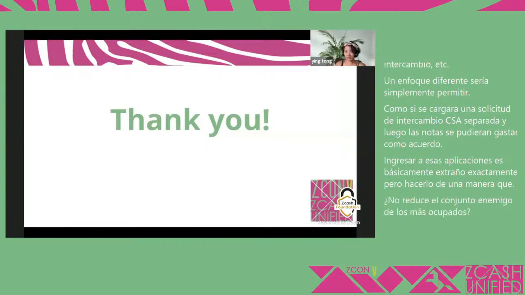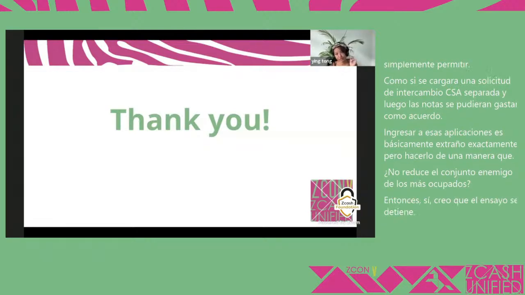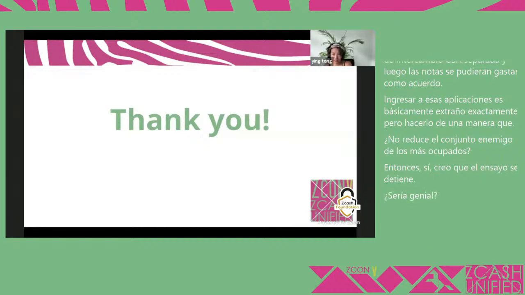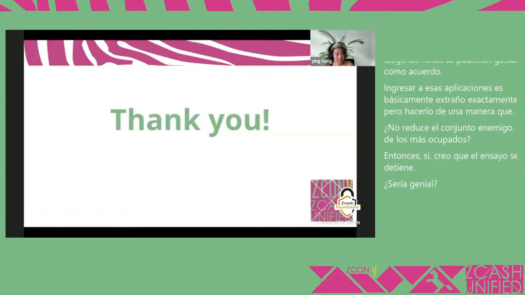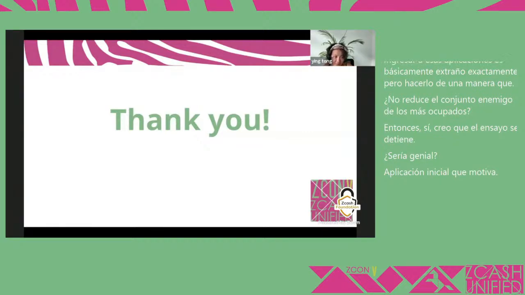So yeah, I think ZSA swaps would be a great starting application that motivates the future of programmability on Zcash.